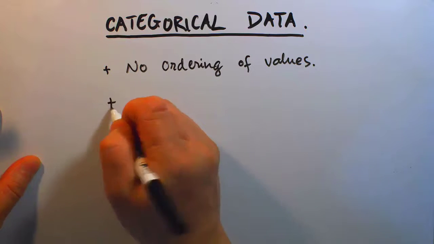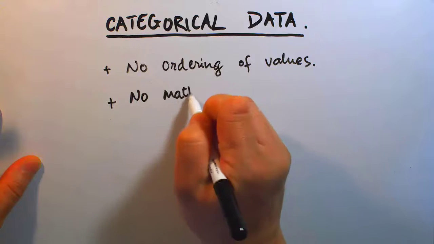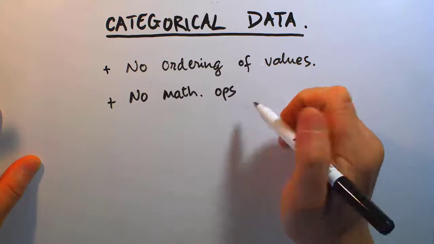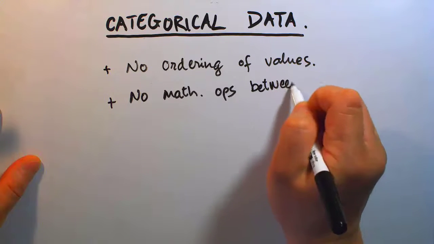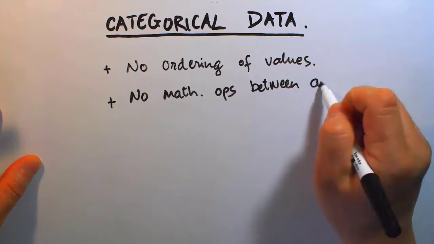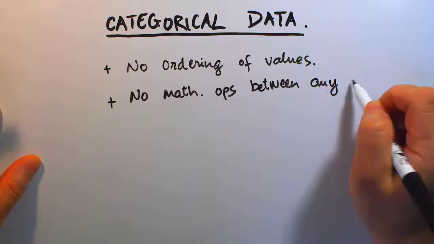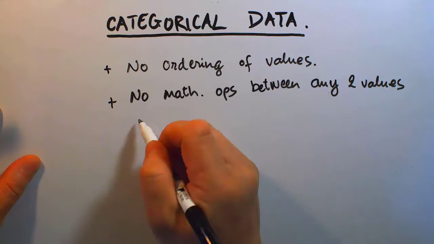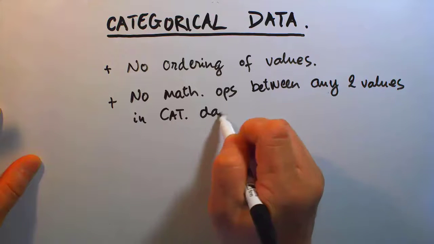There are no mathematical operations, so no math ops between any two values in categorical data.